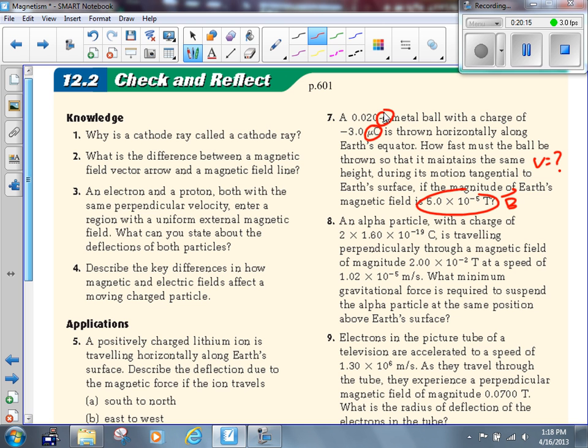We're told that it's going in a straight line. Right? It's staying parallel to the surface of the Earth, which is effectively a straight line. That tells us that we've got to have two forces, something that balances out the gravitational force. Tell me what force it is that balances out the gravitational force, Bryson.